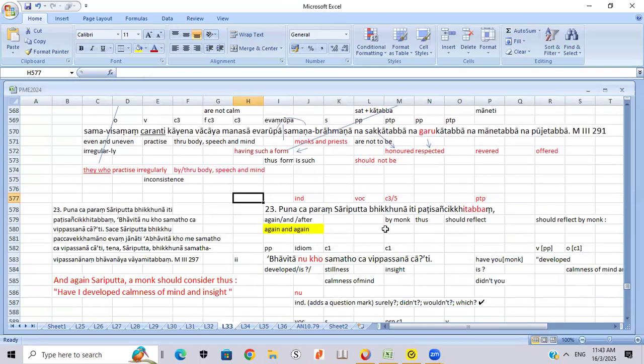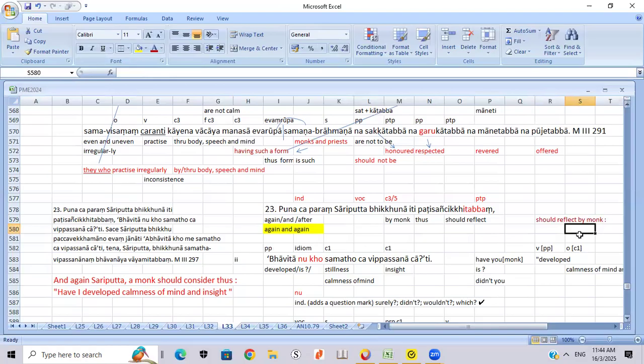So what we do here, we say O Sariputta. Then we can say again and again, O Sariputta. Here, in this case, it should be reflected by a monk. Can you see, I put it here already, should be reflected by a monk.